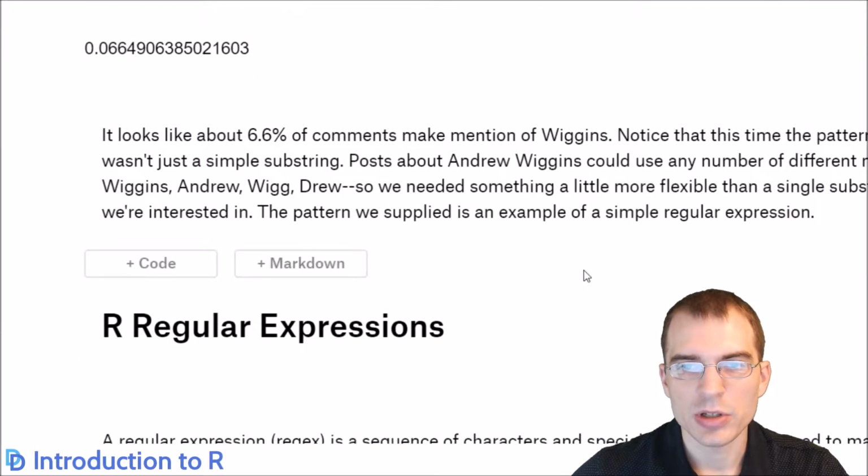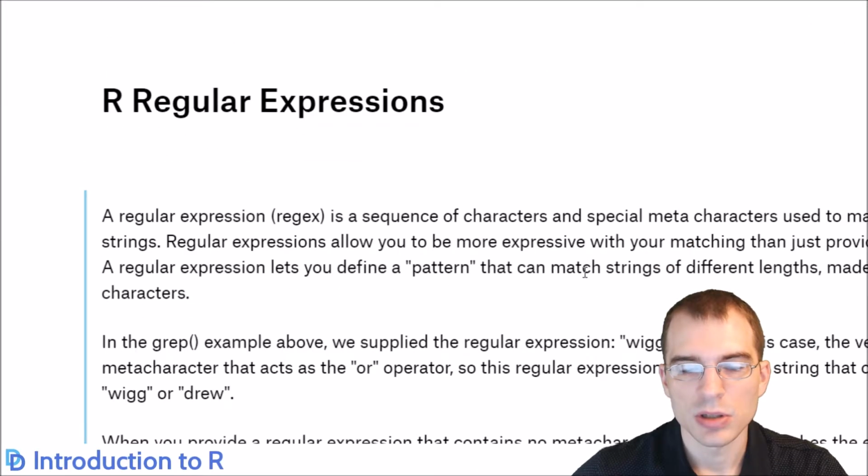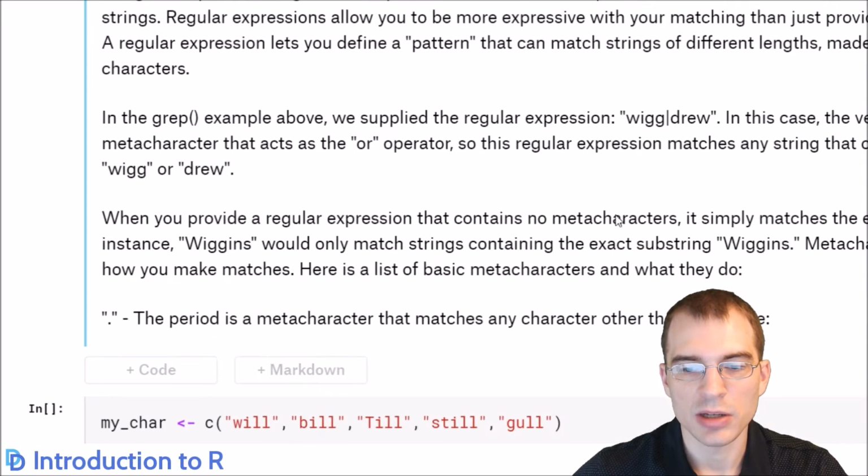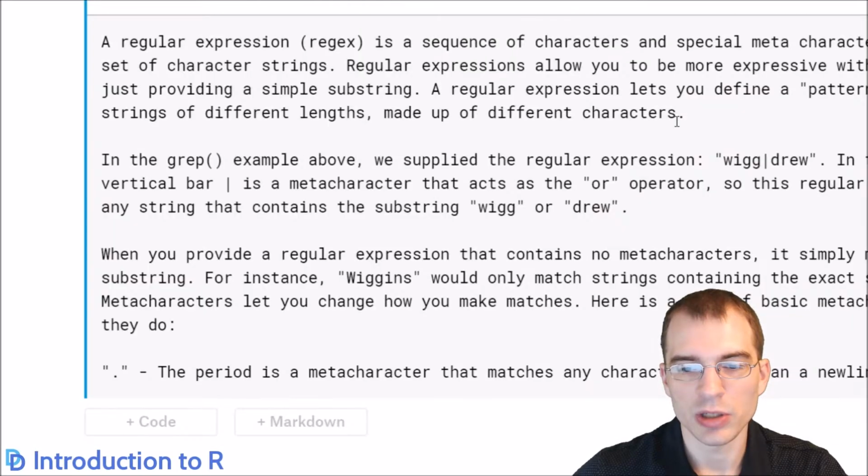So next we're going to go into regular expressions, which are essentially a special system of symbols and characters that allow for complex matching of substrings within text. Earlier, we saw this construction, wig, then a bar, and drew, which allowed us to match two things in the same matching call, either wig or drew.